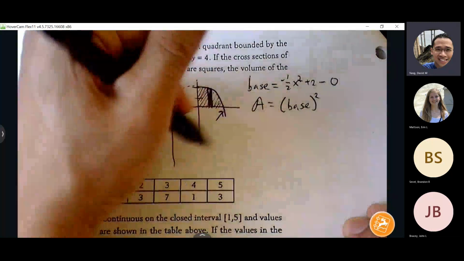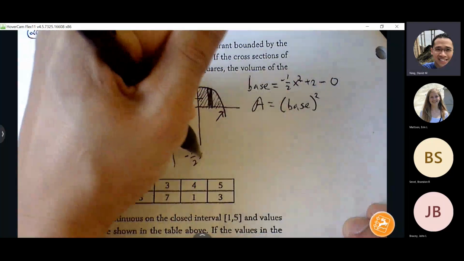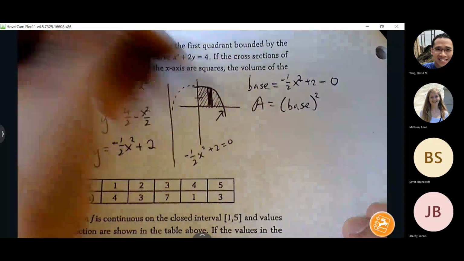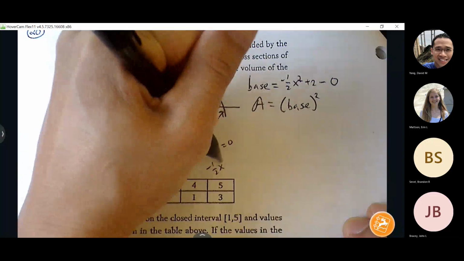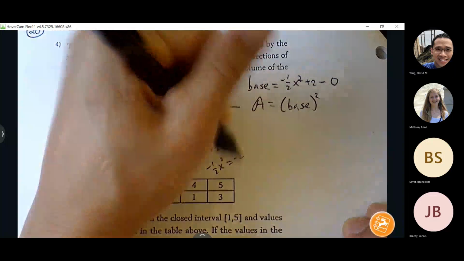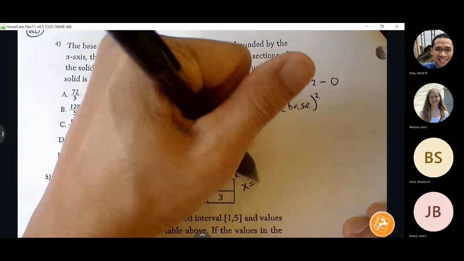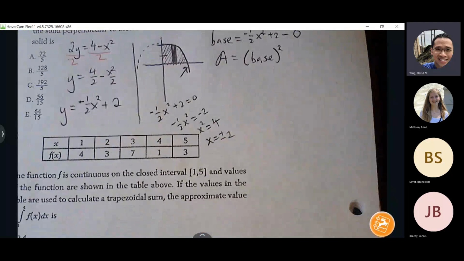I can set the equation equal to 0, or I can use my calculator. I multiply both sides by -1/2. I get x squared equals 4, x equals plus or minus 2.